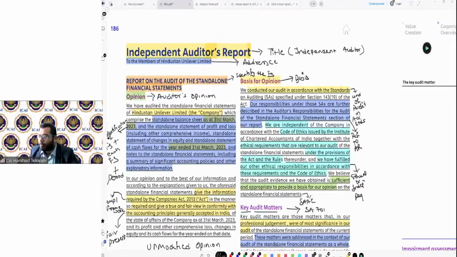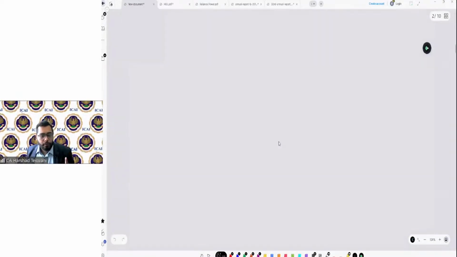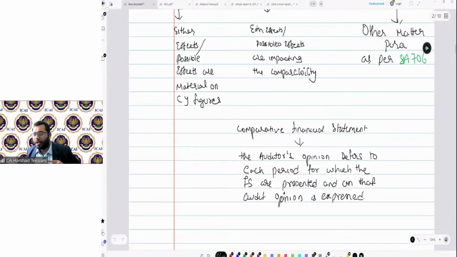This will become a corresponding figure. Are you getting my point? So I am saying this is not a comparative financial statement. This is a corresponding figure because I'm not issuing any opinion over here. So for each comparative financial statement, I need to issue an opinion.